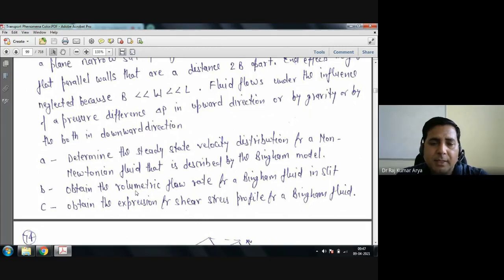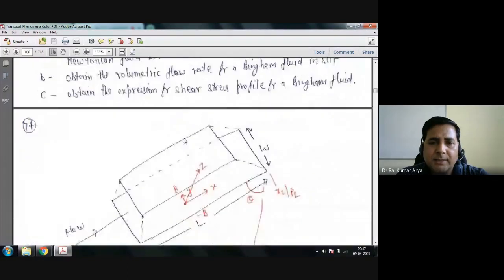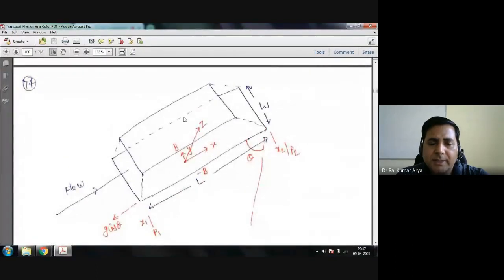Okay. So let's say this is your narrow slit here. This one is your top surface, and this is the bottom one. And this is the gap between the plates, which is 2b actually, right? For the slit, you can say the width, and the height or depth.